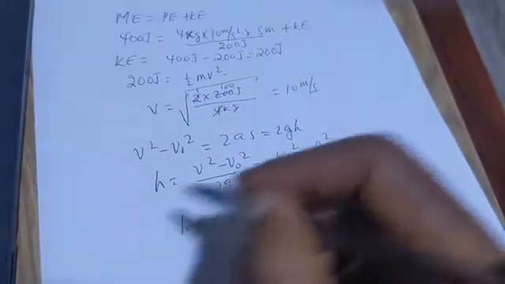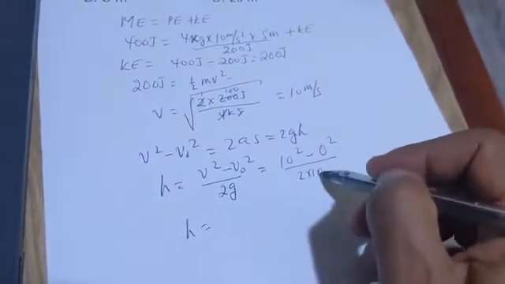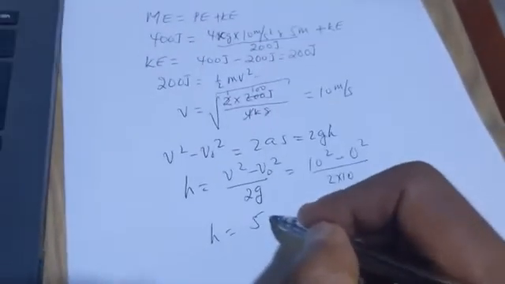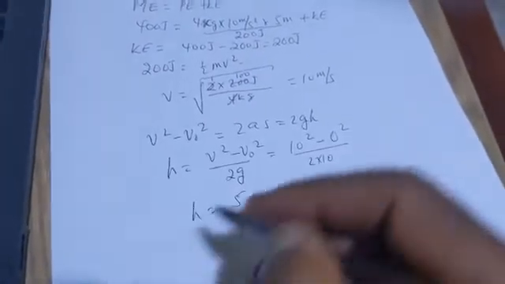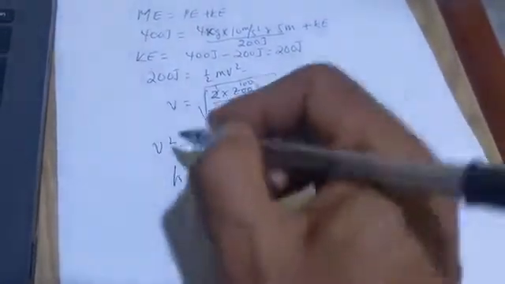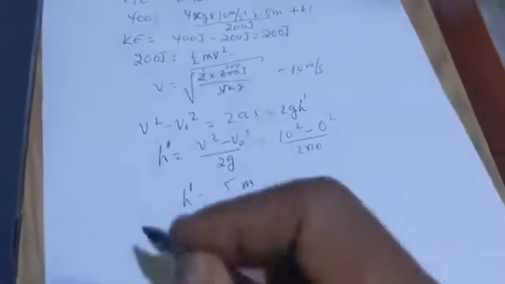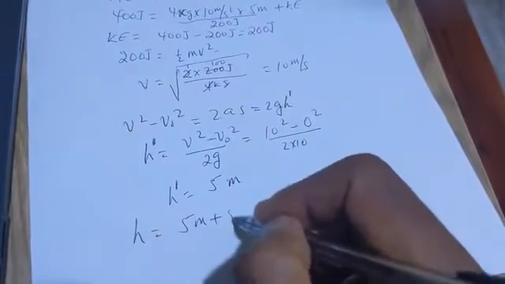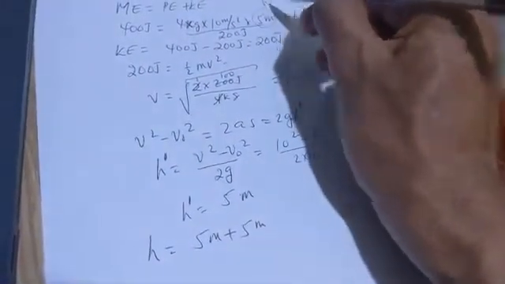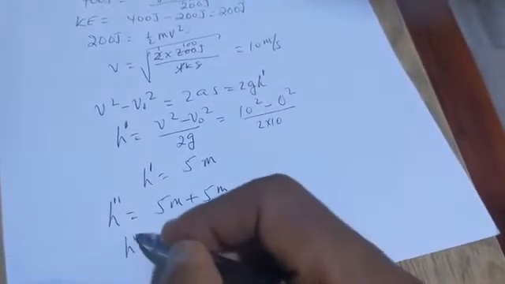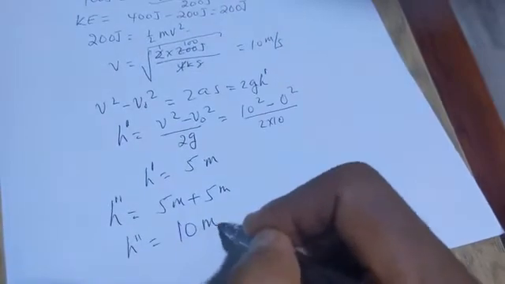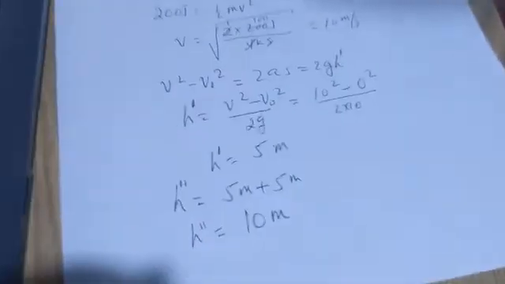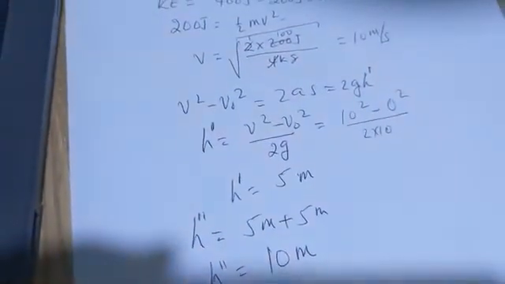Then H is 100 over 20, which is 5 meters. Let's call this H prime. The total H is 5 meters plus 5 meters, so H double prime is 10 meters: the object is dropped from a height of 10 meters.